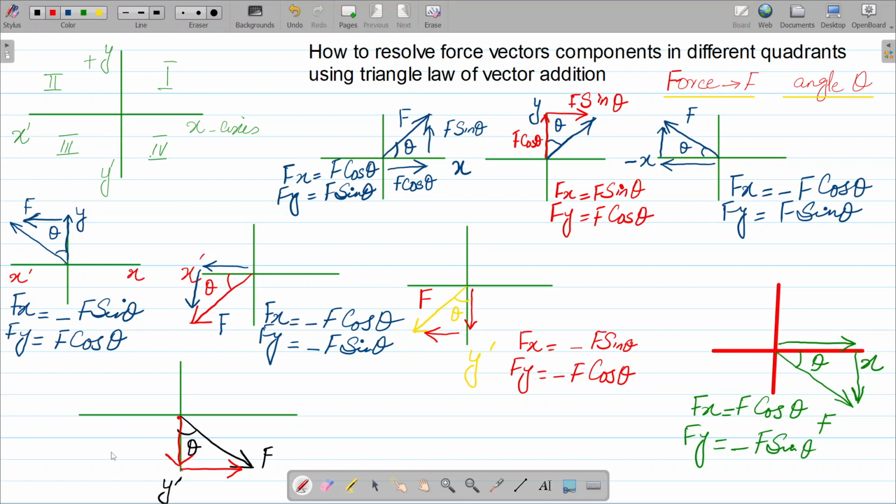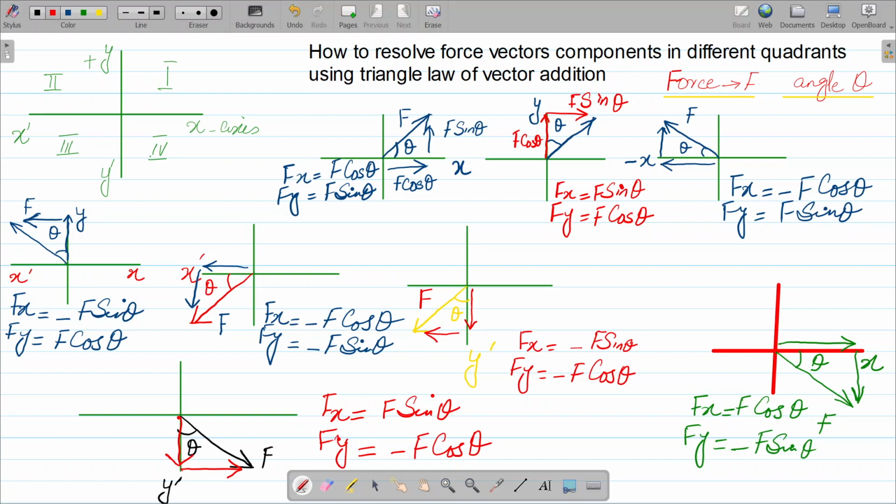And how are these components going to be written? They will be written very simply. What will be Fx? If you look at it very closely, it will be nothing but F sin theta. And what will be our Fy? Fy will be minus F cos theta.